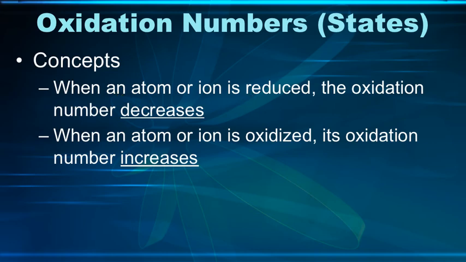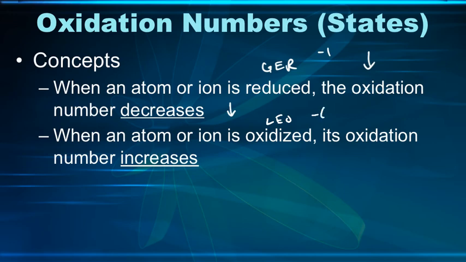When an atom or ion is reduced, the oxidation number goes down. But remember, this is gaining electrons, and electrons have a -1 charge. If you're gaining a -1 charge, your oxidation number is going to go down. It's a little counterintuitive at first. And if something is getting oxidized, remember, oxidation is losing electrons.